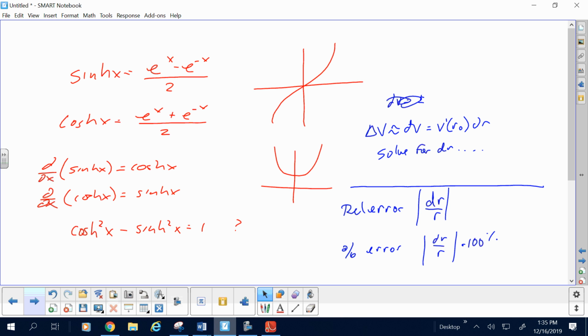Relative and percent are compared to what? The radius. Is that a lot? Once you do that, then it's relative error.